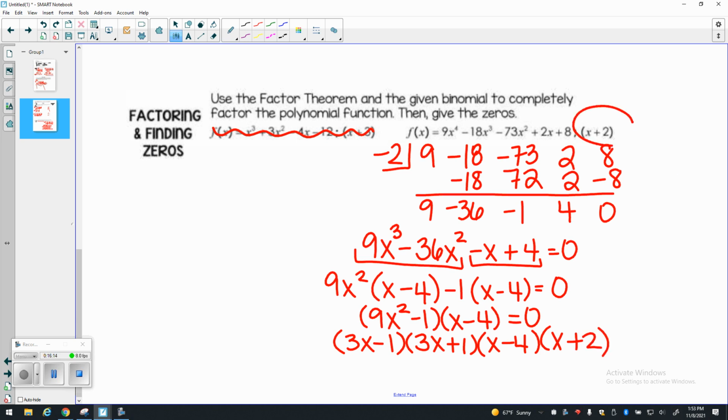This is the one that, when I ask you to completely factor, you will always forget. The one that is given is the one that gets forgotten every single time. Just remember, look at your degree and how many factors you have written down.